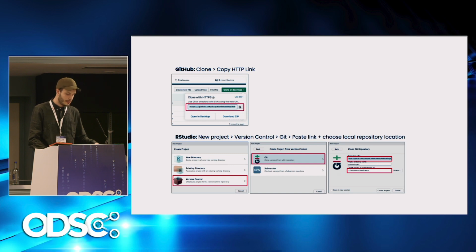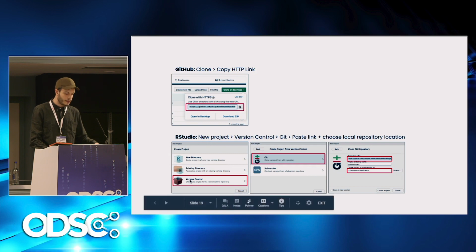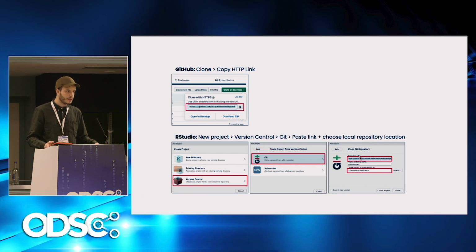You can just go to the link of the GitHub repository and click on clone and download. You copy the HTTPS link, and then in RStudio you open a new project, go to version control, Git, and paste there the link. This way, everything that I have in my GitHub repo gets copied into your RStudio project, which is very convenient.